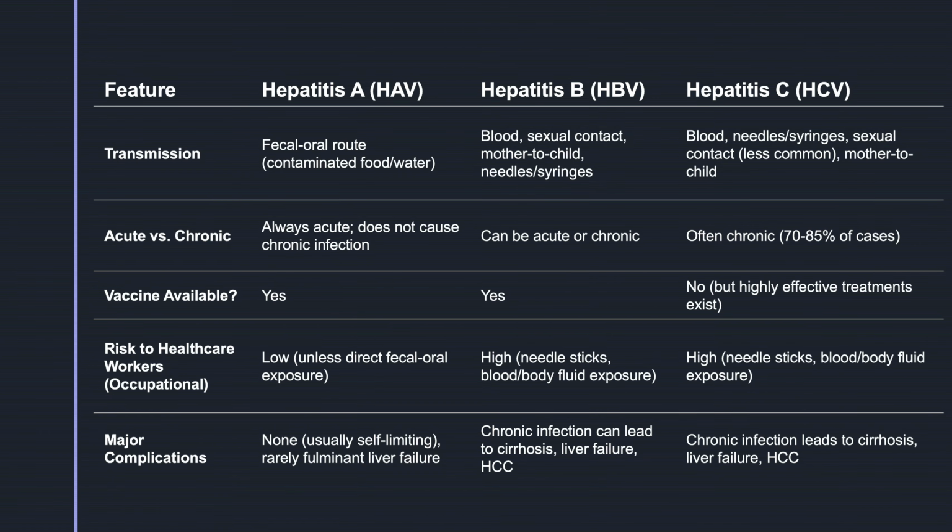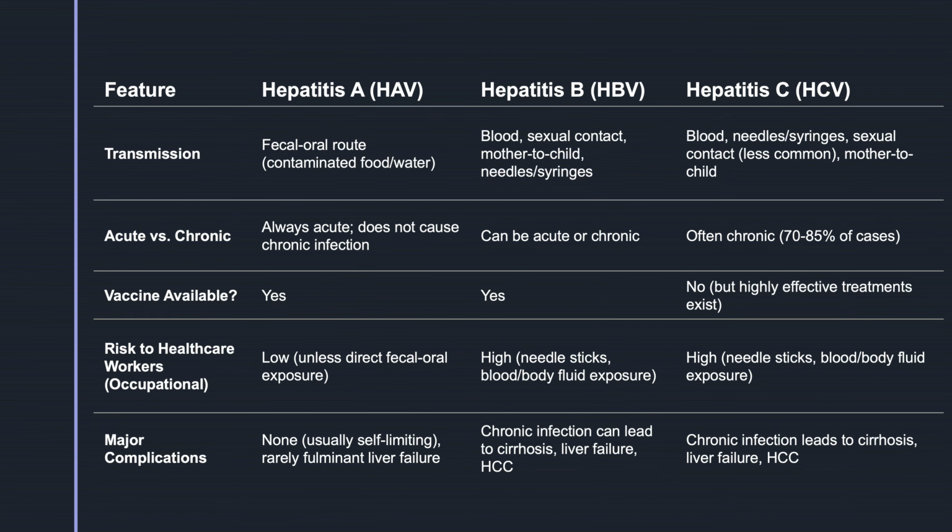So to sum them all up, we've got our 3: hepatitis A, B, and C. There are more types of hepatitis than these, but these are the 3 we are going to focus on. They have different routes of transmission, and whether or not they're acute or chronic differs. Vaccines are available for A and B, but not for C, although antiviral therapies for hepatitis C are very effective.